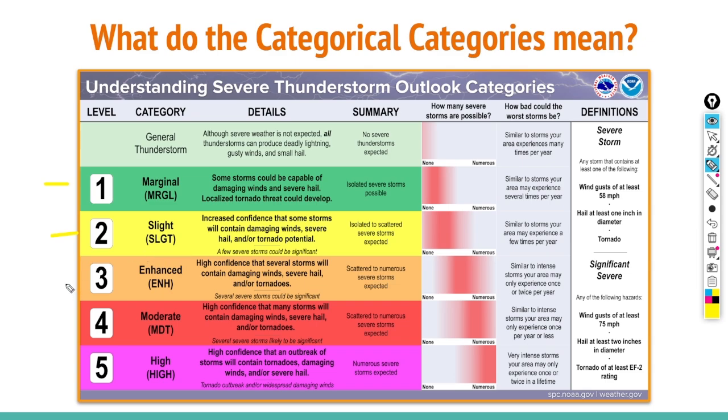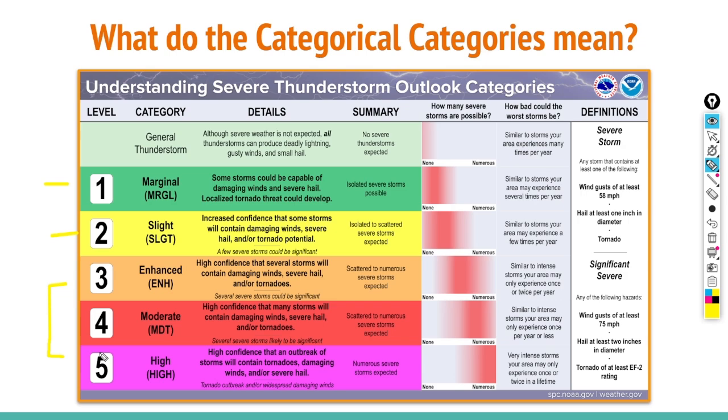And then level 3 through 5, usually you see a watch, because there's a pretty good chance of severe weather, sometimes intense severe weather, especially level 4 and 5, moderate and high risk, which are pretty rare and are not issued that often, especially the high risk.